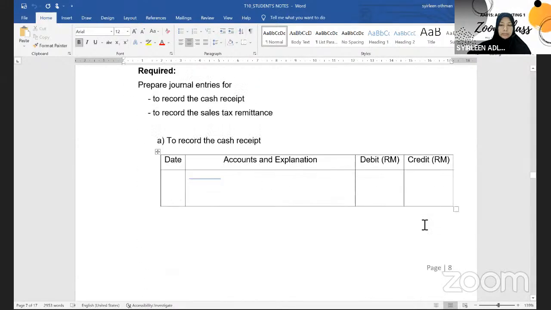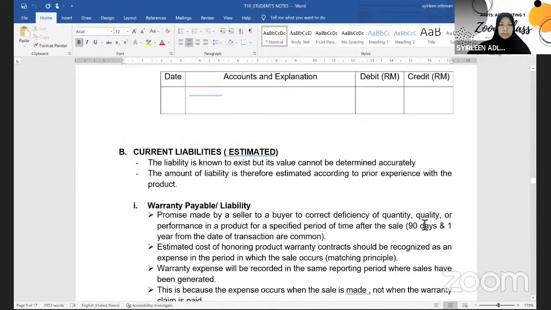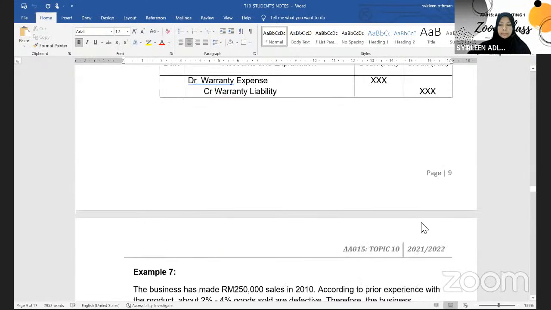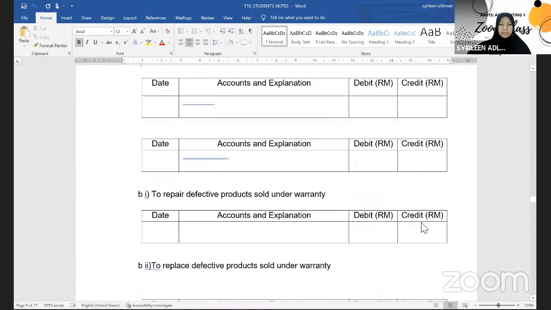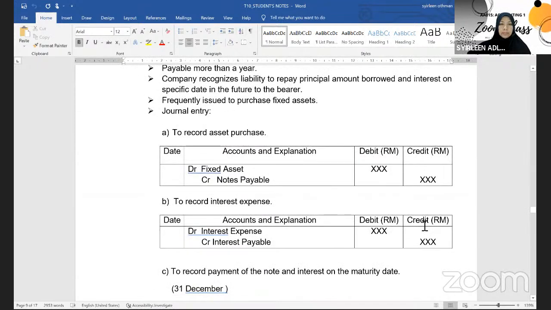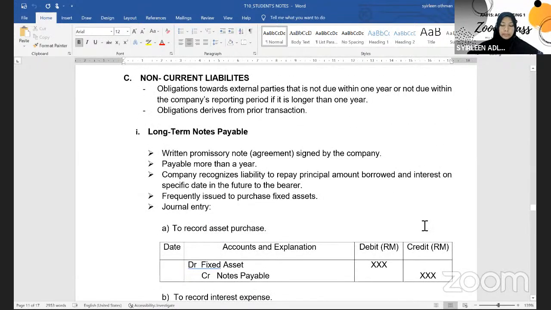The first one is the long-term notes payable. This is what we've already discussed earlier. We already discussed the characteristic of notes payable, but now we are going to focus on long-term notes payable.